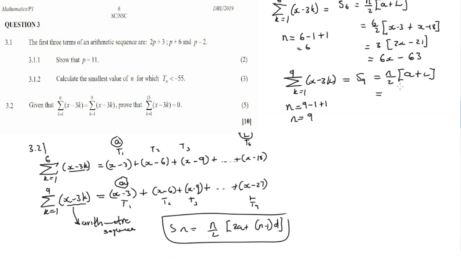N is equal to 9, so it's 9 over 2, first term ubani x subtract 3 plus x minus 27, x is equal to 9 over 2 times 2x minus 3 minus 27, it's minus 30.